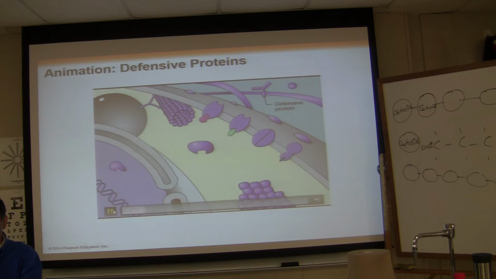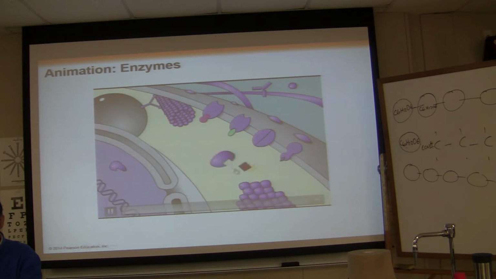The immune system makes defensive proteins called antibodies that bind to invaders, such as the virus shown here, and mark the foreign objects for destruction. An enzyme is a protein that changes the rate of a chemical reaction without itself being changed into a different molecule in the process.